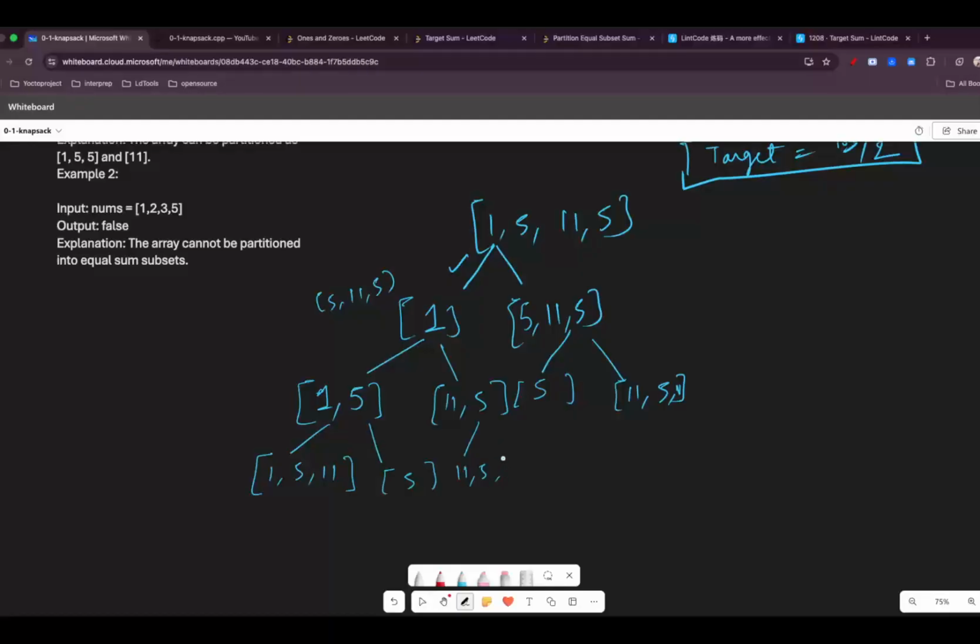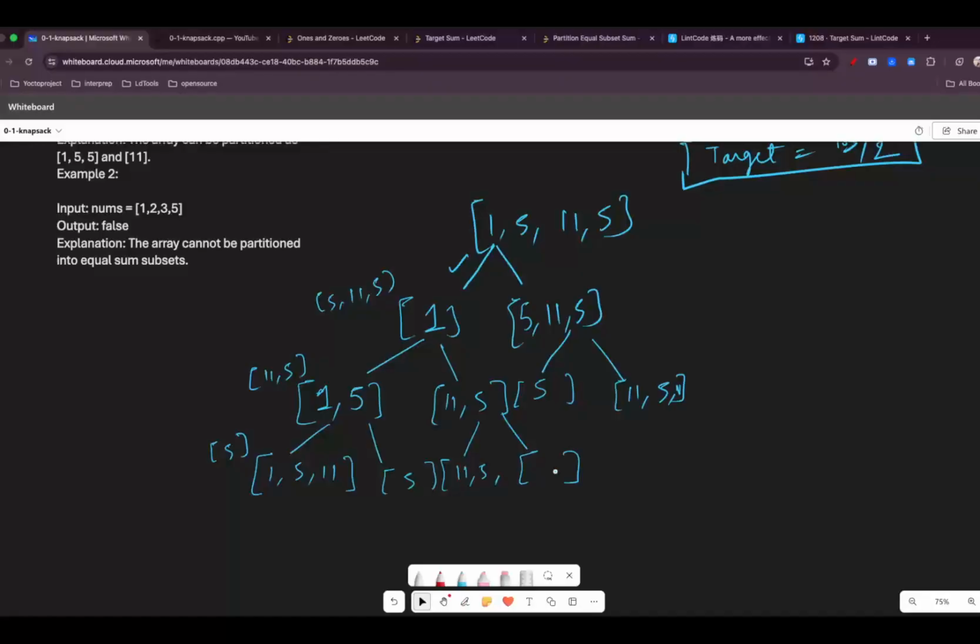So accordingly, whichever element we choose out of those we were left with, 5, 11, 5, and here we were left with 11 and 5, and here just 5. So 11, 5 we included here, but the other elements, the starting 5 and 11, we need to choose them also in one subset, and the other one will have the remaining one.